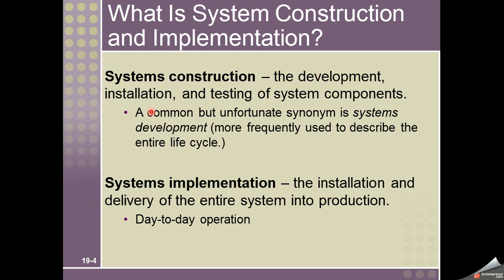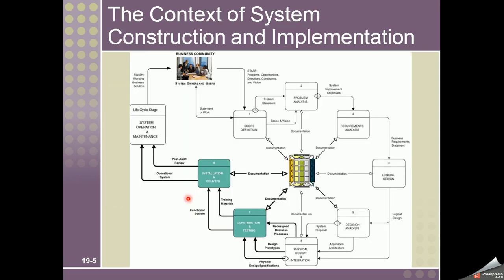Implementation does not mean development, installation, and testing, right? Like in our graduation project also, we call it project implementation, which means the system construction. Actually, it is a wrong term, right? So this is the context of system construction and implementation.